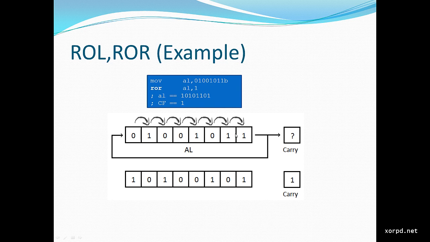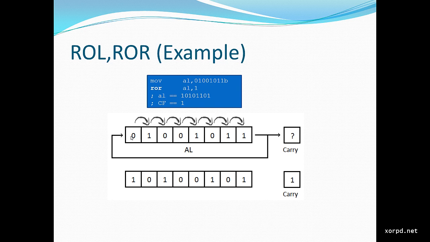The interesting part is the last bit, the rightmost bit, or the least significant bit. Two things happen to this bit. First, it is copied to the carry flag, and at the same time it moves all the way to the most significant bit.